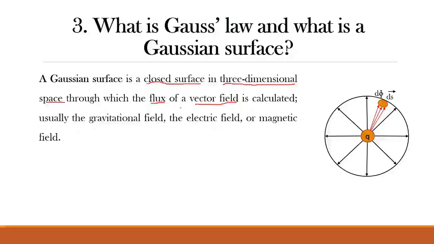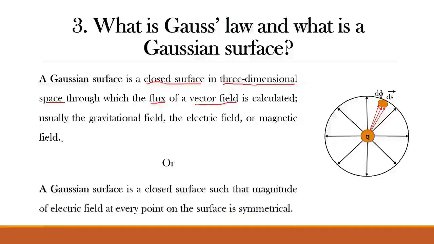Vector field means the gravitational field, electric field or magnetic field. In other words, a Gaussian surface is a closed surface such that the magnitude of the electric field at every point on the surface is symmetrical.